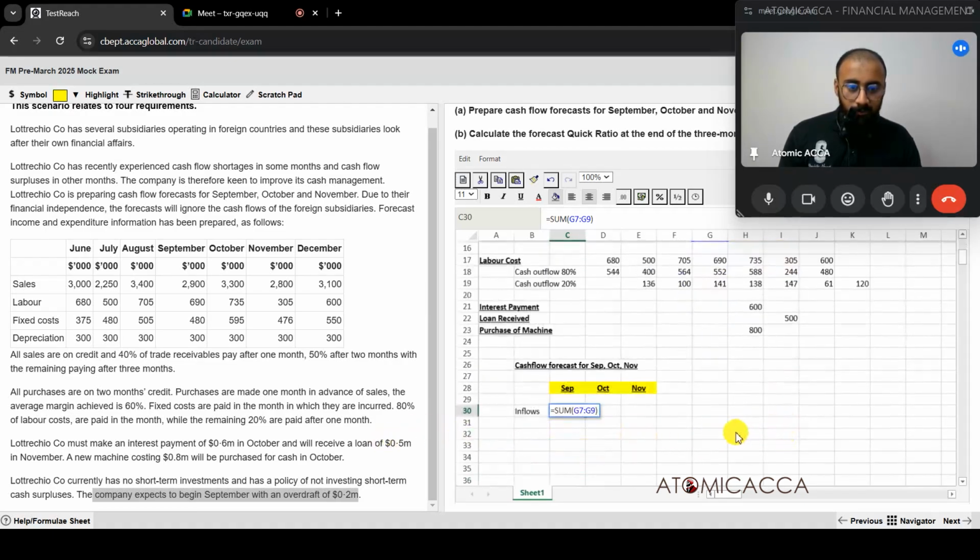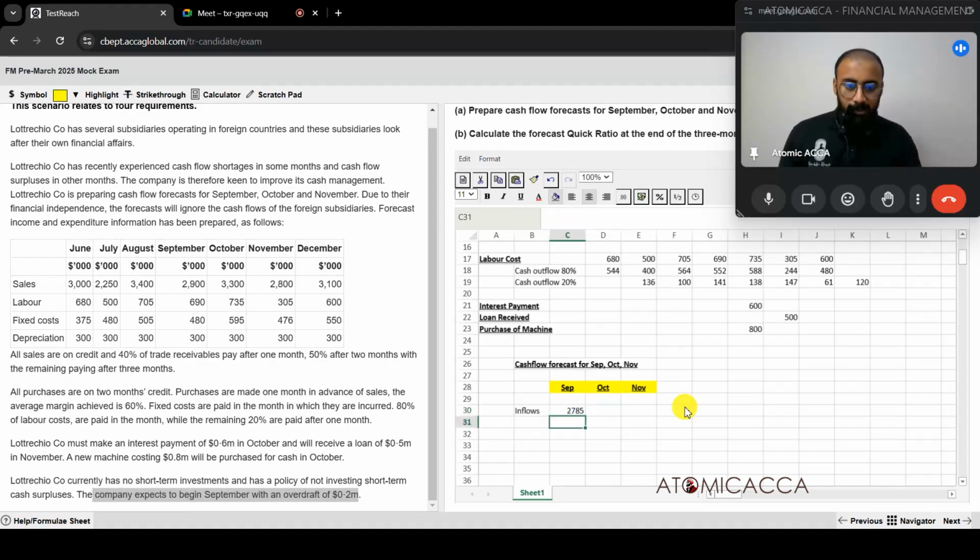Purchase of machine is an outflow. So inflows only this much is there. Now if we take the outflows, there are many outflows that we saw. Okay, similarly we can take for the other months as well. Let's copy paste this.